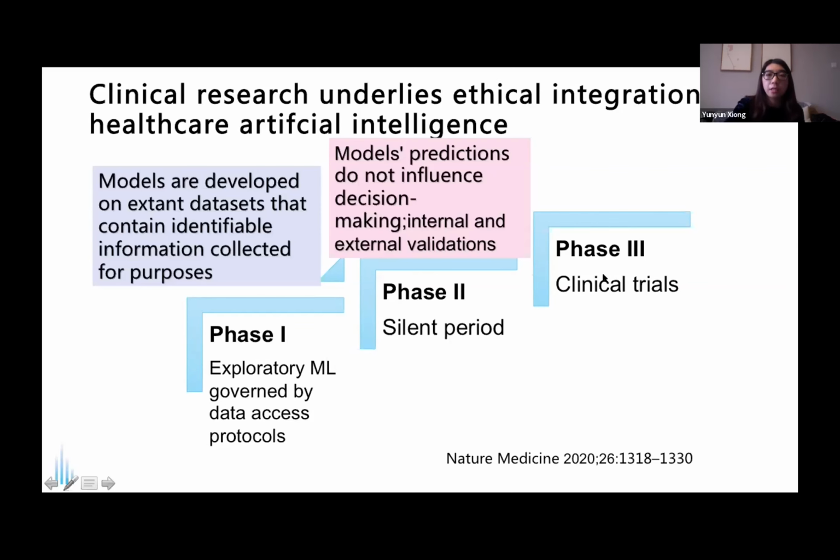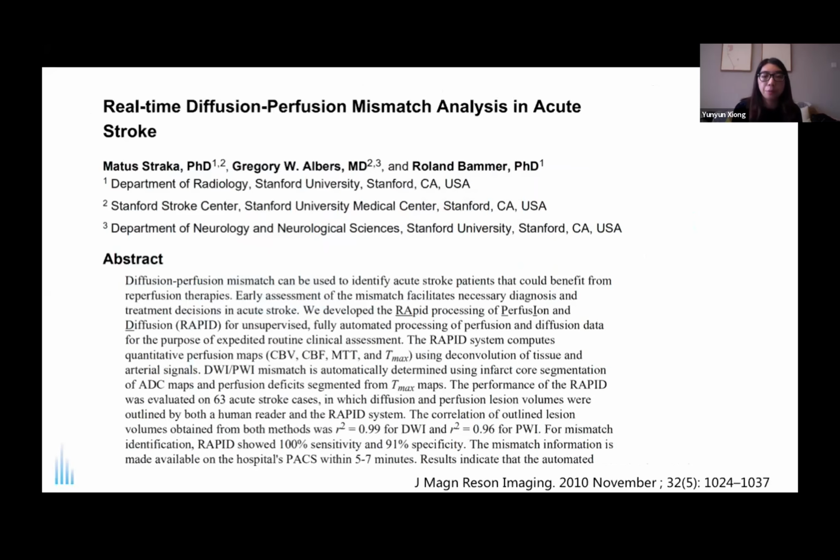So based on these regulations, currently there is no software based on perfusion-weighted imaging that follows the SPIRIT-AI or CONSORT-AI standards. And that's why we need to fix the gaps between perfusion-weighted imaging and CT, because CTP is not that reliable. Then we need to develop software based on perfusion-weighted imaging.